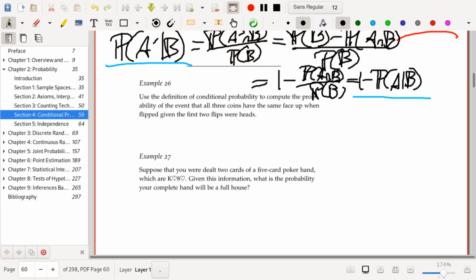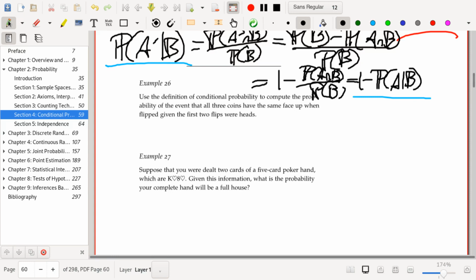All right, so let's do an example. We're going to take that first example that I considered in this section and make it a little bit more rigorous. So using the definition of conditional probability, compute the probability of the event that all 3 coins have the same face when flipped, given that the first 2 flips were heads.